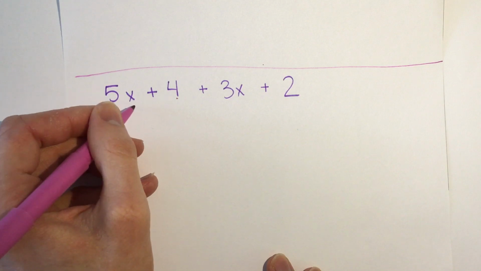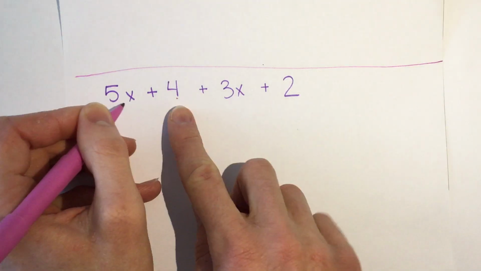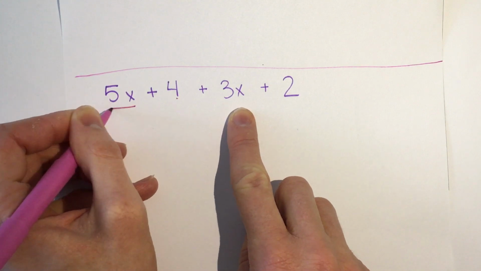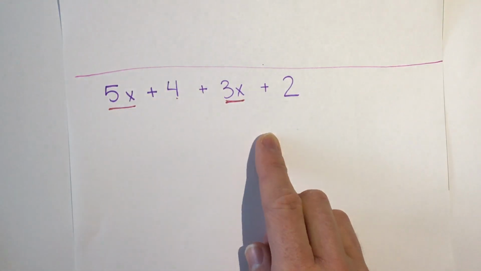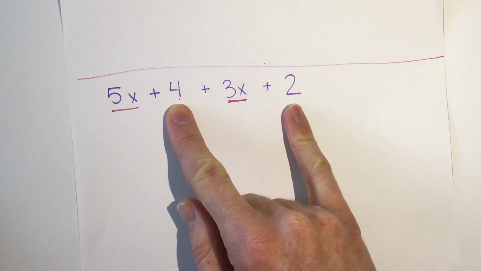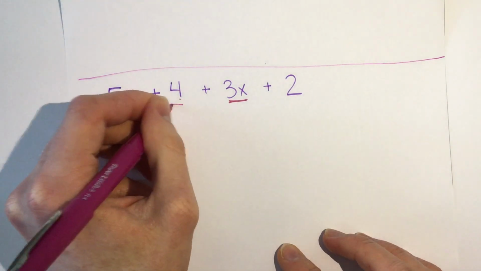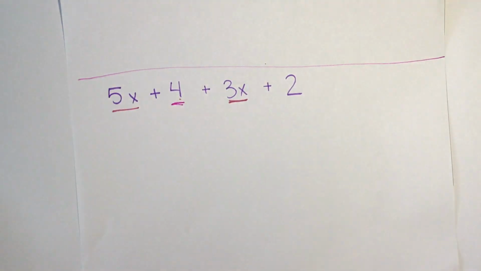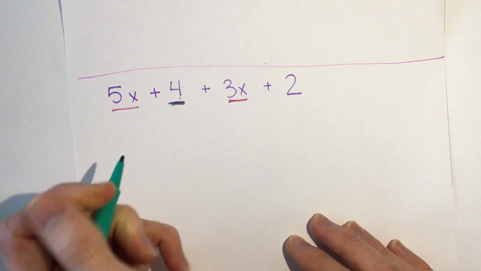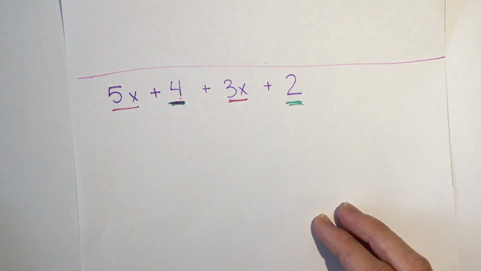Here as well, 5x plus 4, these are not like terms. 5x and 3x are like terms, so we can underline those with the same color. Plus 4 and plus 2 are both just numbers. Those, let's do a green. Those we can underline with the same color.